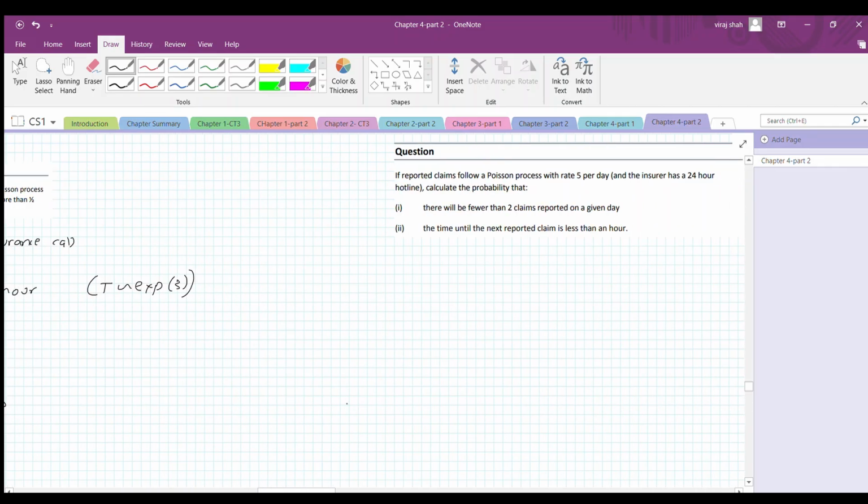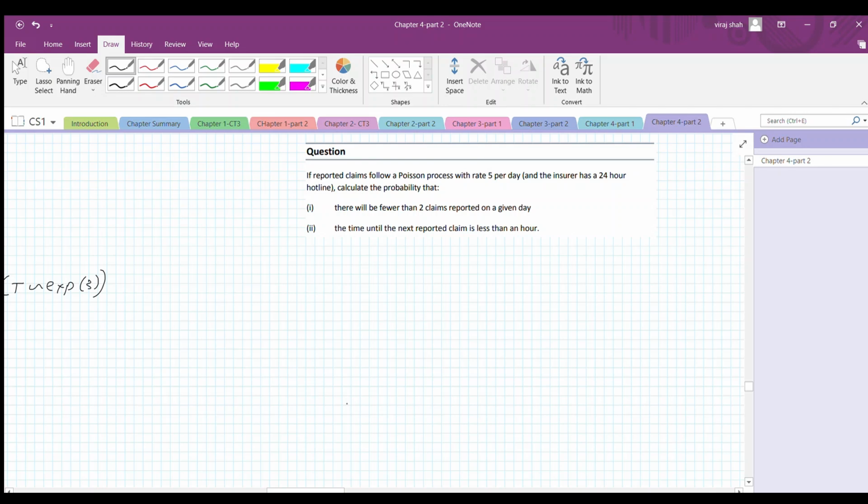Similarly, let's solve one more sum. If the reported claims follow Poisson with 5 per day, so X is my reported claims, with parameter 5 per day, okay, we are assuming 24 hours.